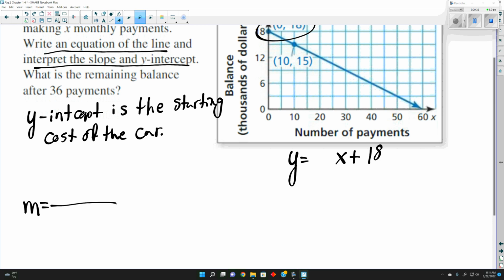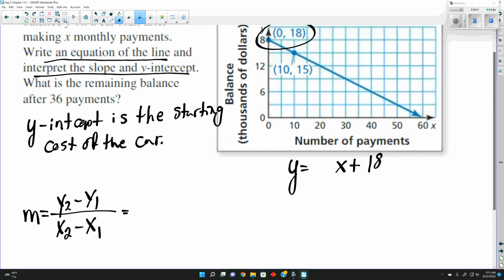Now we can use the slope formula. M is equal to y2 minus y1 over x2 minus x1. And to use this here, we're going to be using 2 points. Now they did give us 2 points. They gave us 0, 18 and 10, 15.